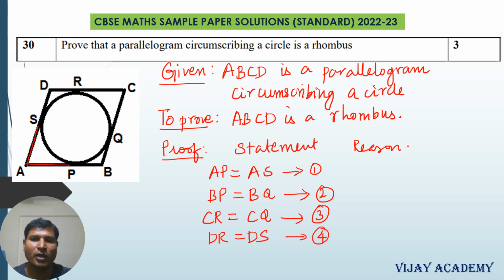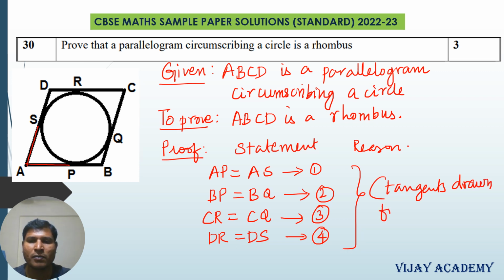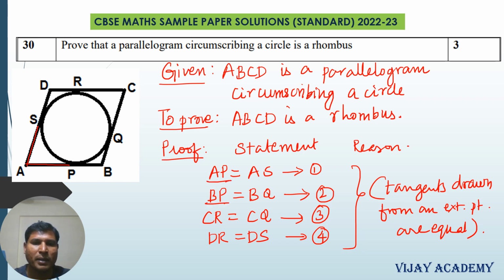For all these 4 equations, we can write only one reason, that is, the tangents drawn from an external point are equal. Now make sure that you write AP and BP, CR and DR in the LHS.